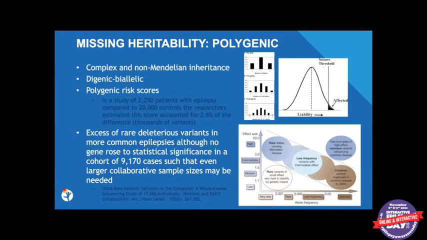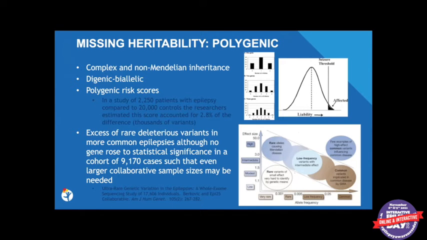There are some cases where this has been shown in 2 genes, so 2 genes within the same pathway combined together have produced a similar syndrome in patients. The fancy medical term for that is digenic and biallelic, meaning 2 genes seen on different alleles, which are the copies that we get from our mom and our dad. A larger study actually looked at polygenic risk scores.